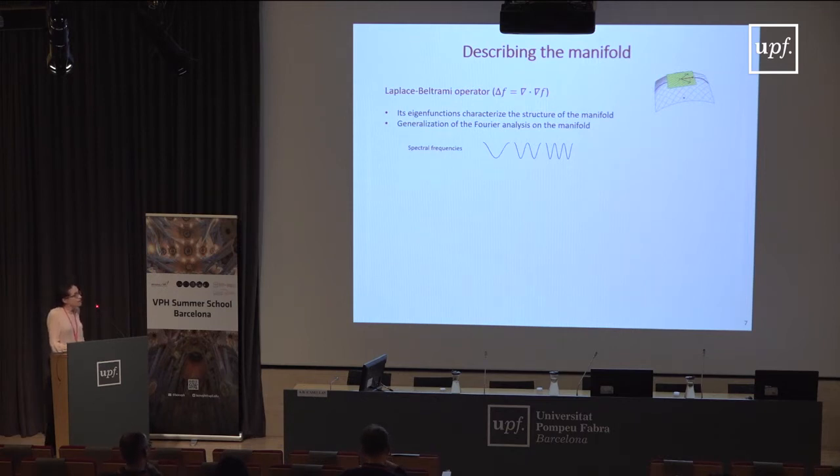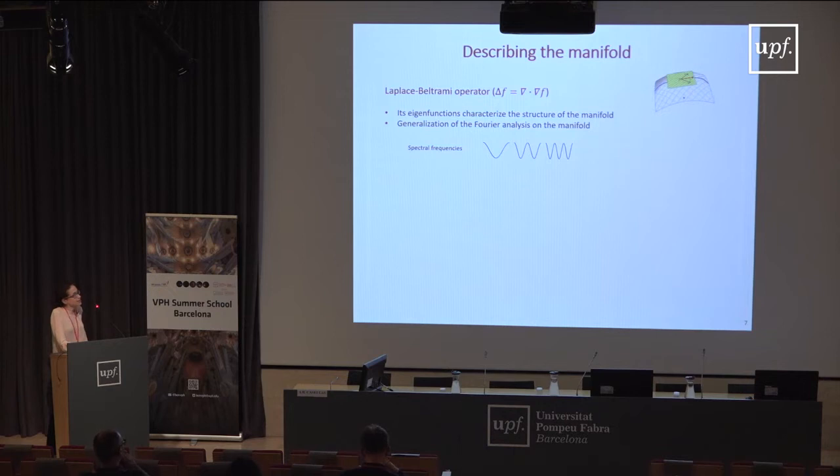Now, if the manifold is smooth enough, its structure can be characterized by the eigenfunctions of the Laplace-Beltrami operator. This operator is just a generalization of the Laplace operator on manifolds. The eigenfunctions describe the structure of such a manifold.